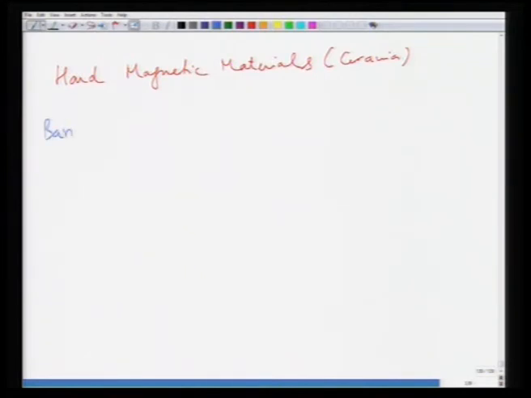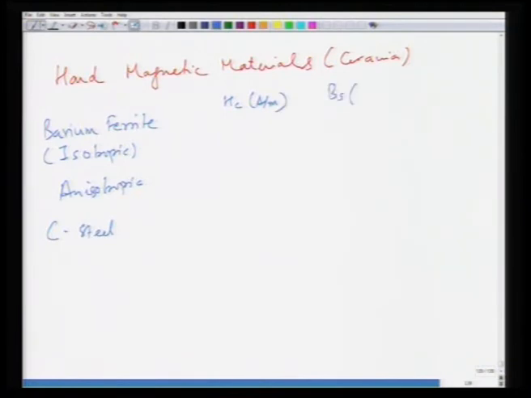In the first case we take isotropic, and then we take anisotropic, and compare with something like carbon steel. So the values we can compare are of the Hc, which is ampere per meter, Bs, which is in Tesla, and Tc, which is in degree centigrade. So we are talking of the parameters which are of interest to these materials.